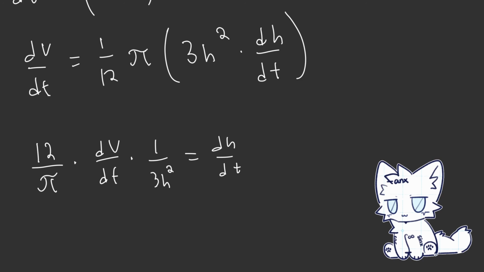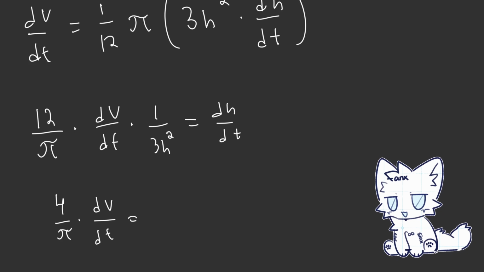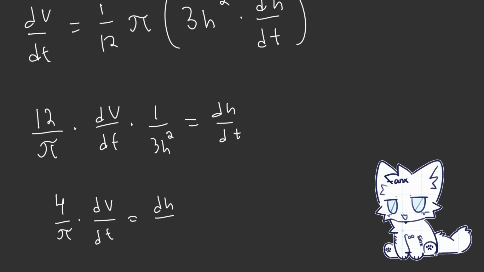So canceling this out, canceling this 3 and 12, we get 4 over pi times the change in volume with respect to time, and that is equal to the change in height with respect to time. And I forgot to include times 1 over h squared.